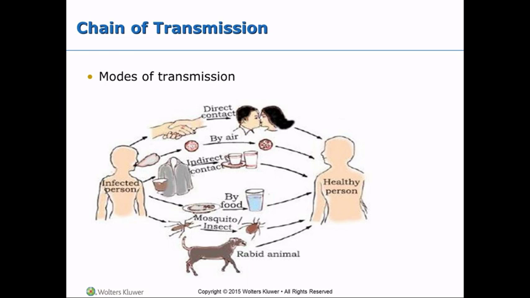Portals of exit or entry are the highways in which infectious agents travel. Portals of exit include respiratory secretions, vaginal secretions, semen, saliva, exudate, blood, and feces. Portals of entry are frequently the same as portals of exit and include respiratory passages, mucous membranes, open wounds, ingestion, and through the placenta or skin.